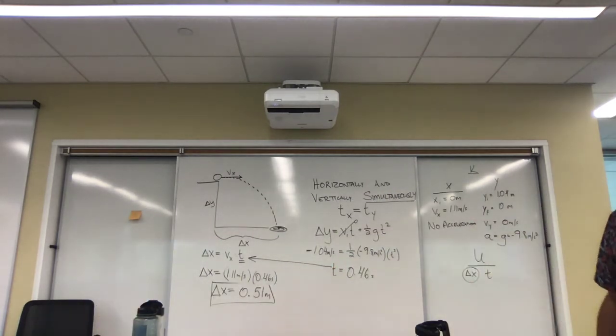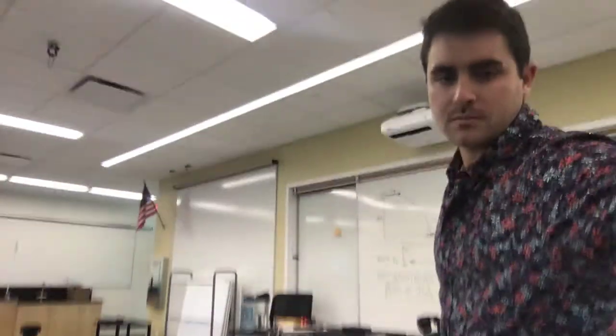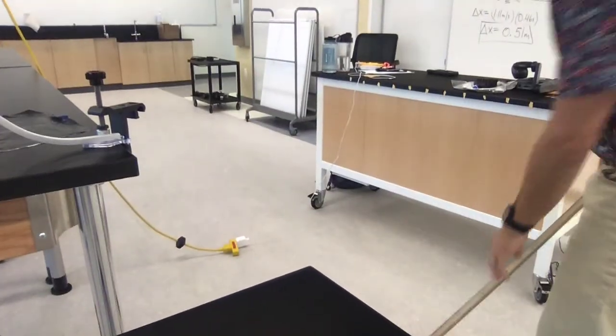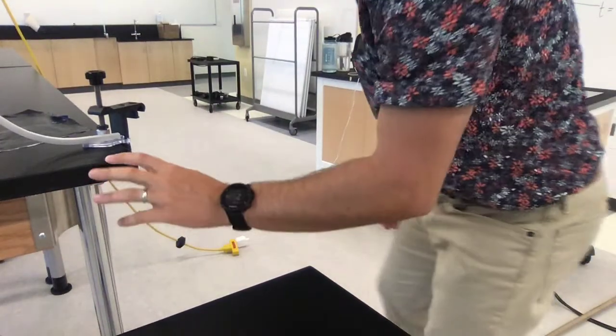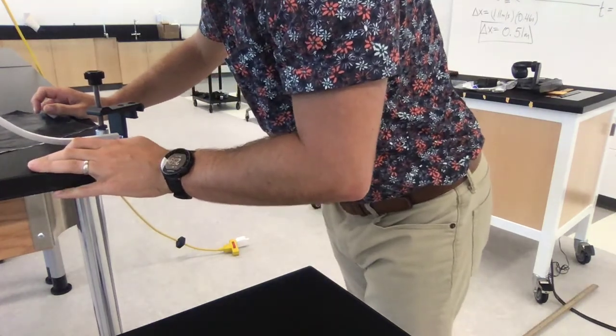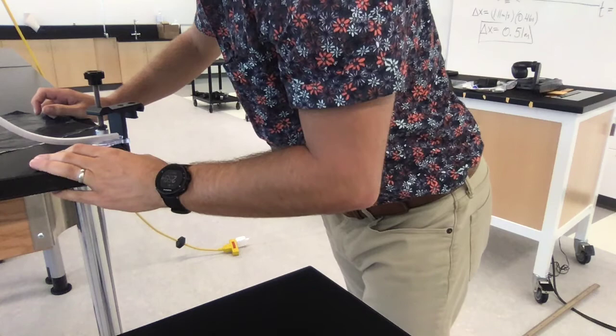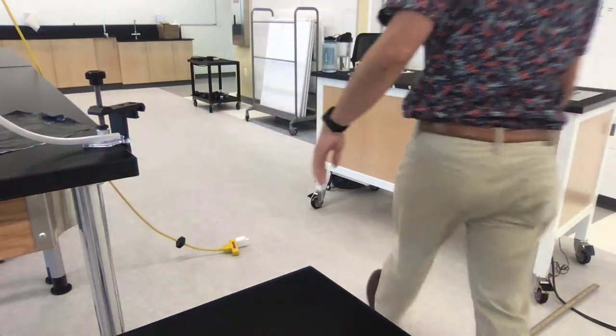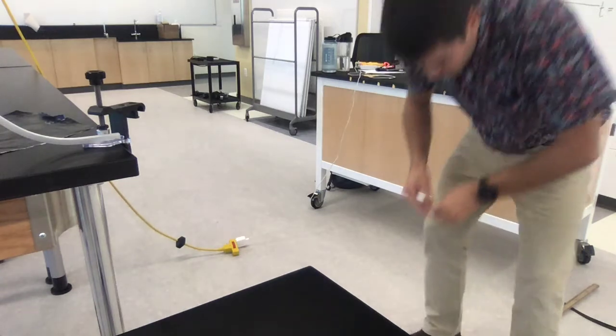Let's go ahead and check this out. Let's see if we can do it. You can kind of see the ramp there. Here's the floor. I'm going to measure my distance. 0.51 is right there on the ground.